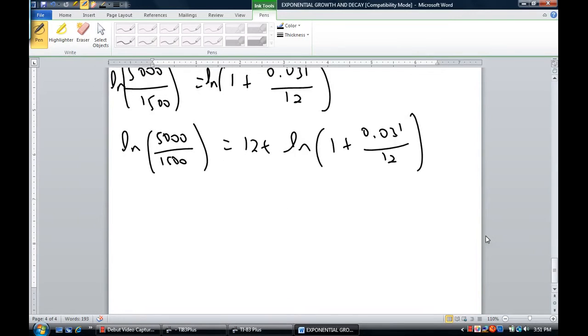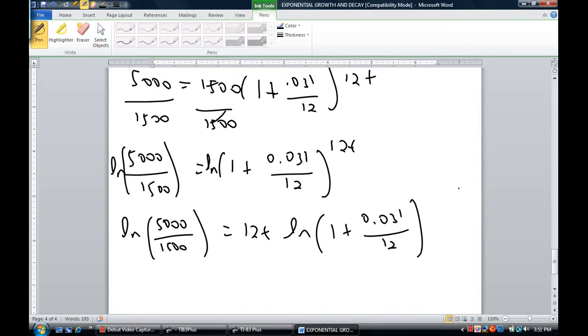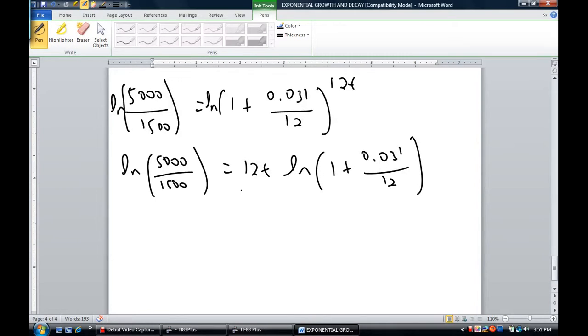Remember, the whole thing I'm doing is trying to get t by itself. I'm doing the same steps as in the other problems, just using a different formula. There's a point where I'm trying to get the exponent by itself, so I take natural log of both sides. What's different now is that I'm moving the exponent out in front. Now to get the t by itself, I'm going to divide by everything that's not a t, which is the 12, and then the natural log of all that.